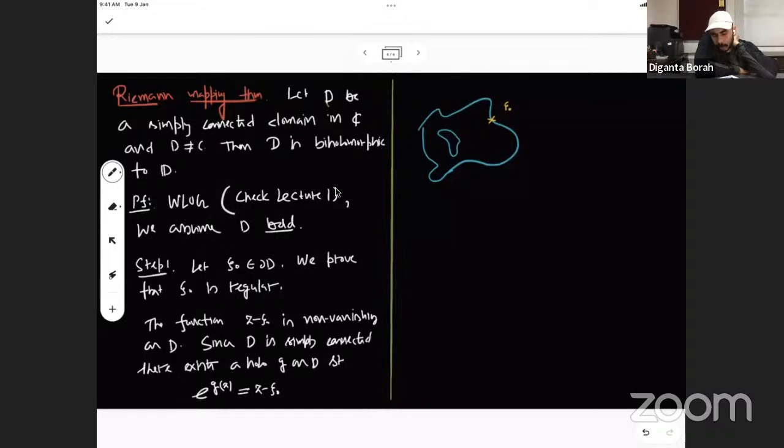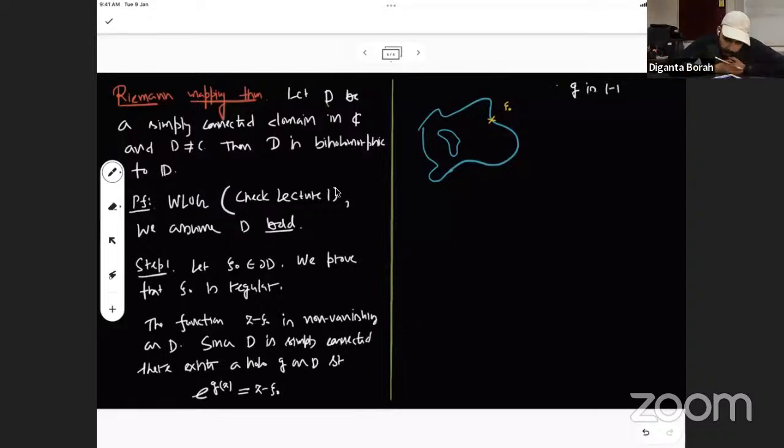Because if g(z1) is g(z2), exponentiating, we get z1 minus zeta naught equal to z2 minus zeta naught. We actually saw this in the first class also. So let's write down these properties. g is injective.